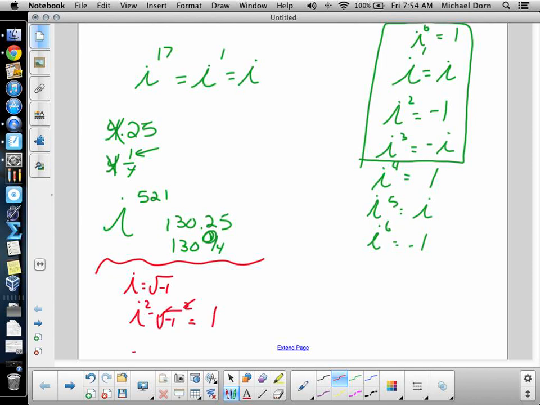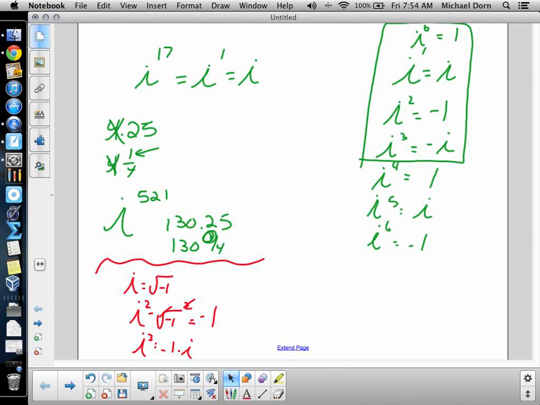That's -1. i cubed is then -1 times i squared times i. And anything to the 0 power is 1. So right there, we've got it all figured out. It doesn't matter how you get it, but somehow you do have to know your powers of i. And that's just memorization.